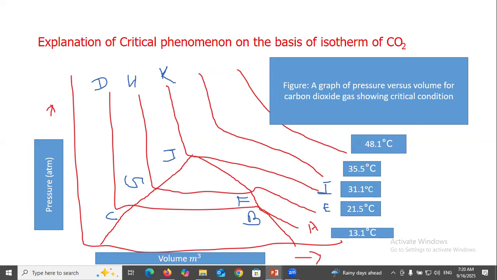Explanation of critical phenomena on the basis of isotherms of carbon dioxide: pressure and volume at different temperatures. A graph of pressure versus volume for carbon dioxide gas showing critical condition.